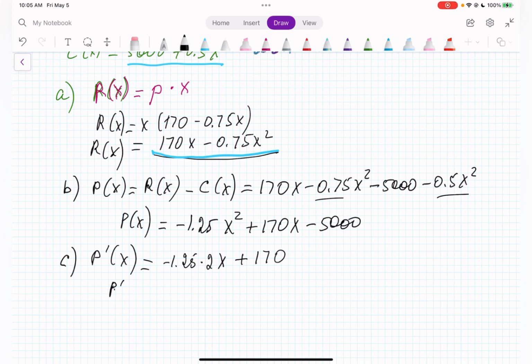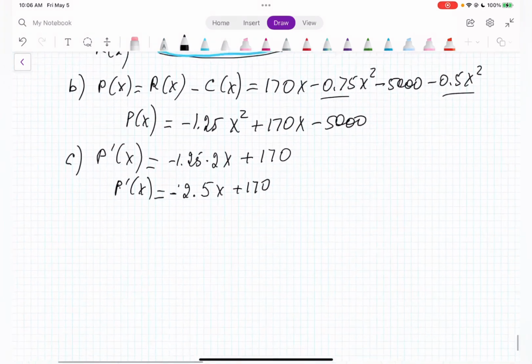So P prime of x is equal negative 2.5x plus 170. Okay, so the derivative is defined for all x. So the critical value we are taking equals 0, right?